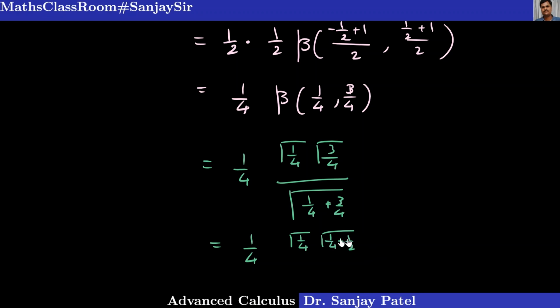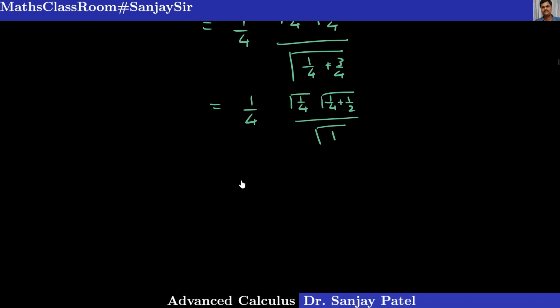Here you will get 2, 2 plus 1 is 3, and the denominator is gamma of 3 plus 1, that is 4 by 4, so it is gamma of 1, and gamma 1 is 1, so we are left with only 1 by 4 times gamma of 1 by 4 into gamma of 1 by 4 plus 1 by 2.